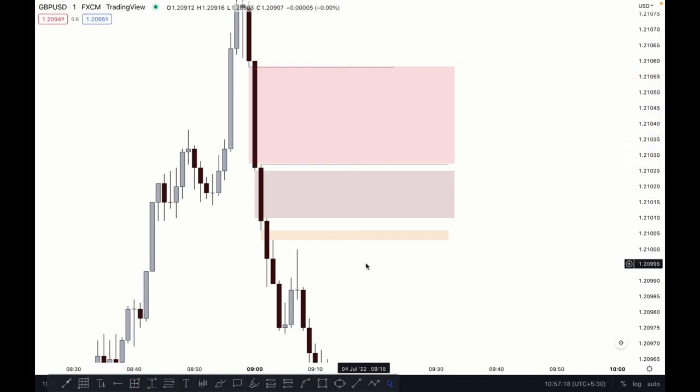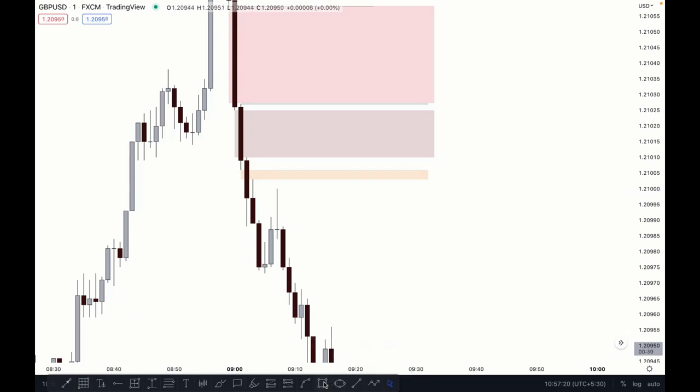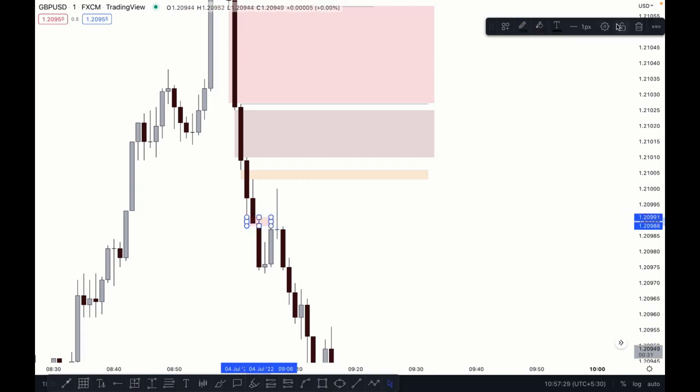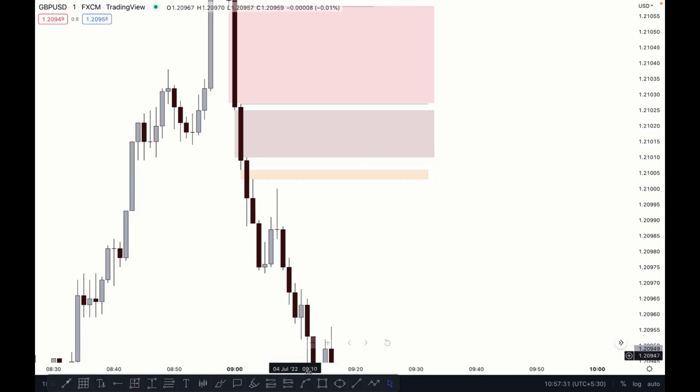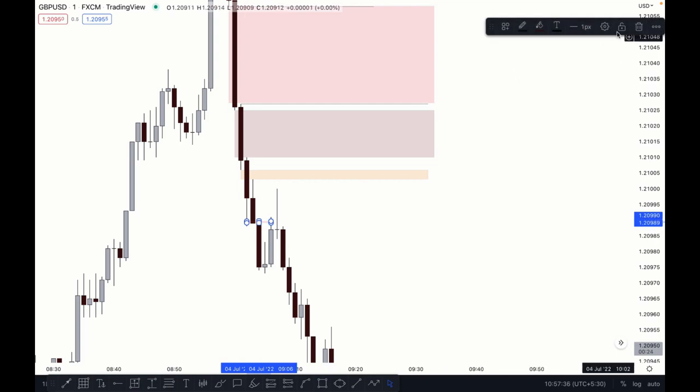So these are imbalances. If you notice here, on the next candlestick, whose high is here and low is here, this is already mitigated, so there is no imbalance, right? So this is an imbalance and there is no imbalance between this high and low, right?